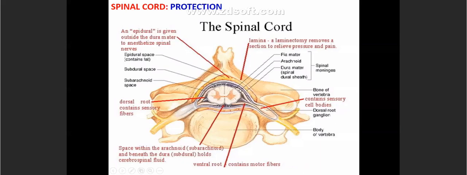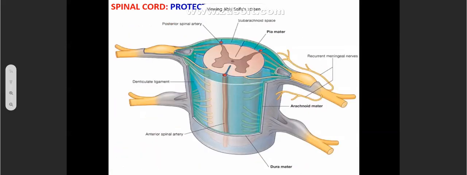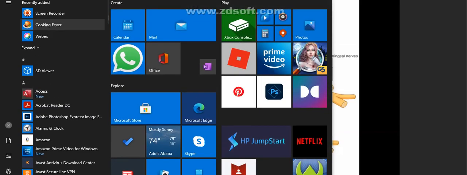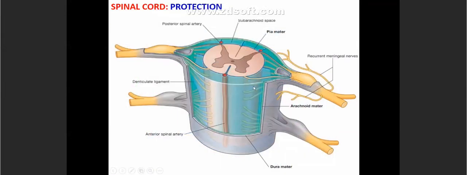In the subarachnoid space, there are fluids circulating. This is the protective structure again: dura mater, arachnoid, and closest to the spinal cord substance, there is pia. So the only difference is you don't see the second layer of dura mater. Otherwise, they have the same function. The fluid also has the same function.